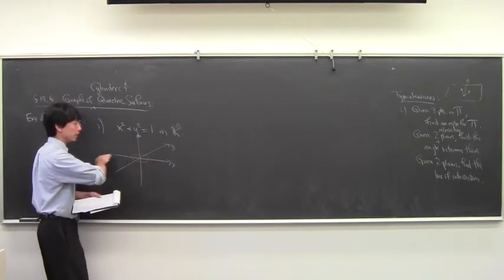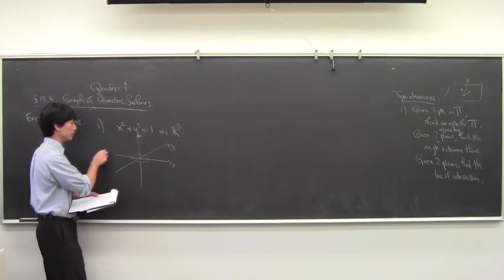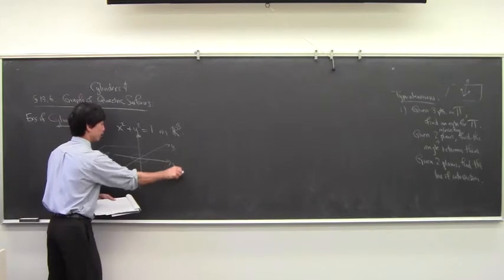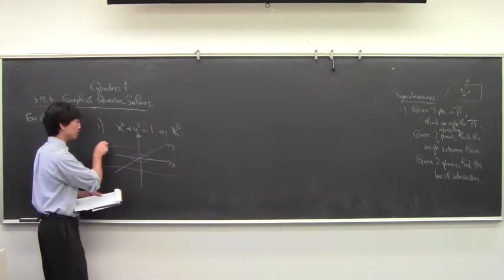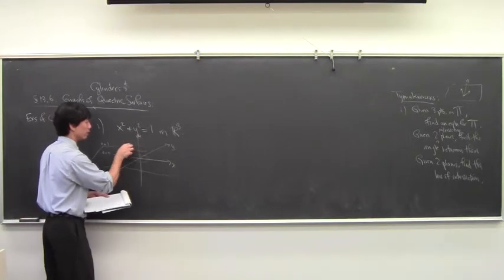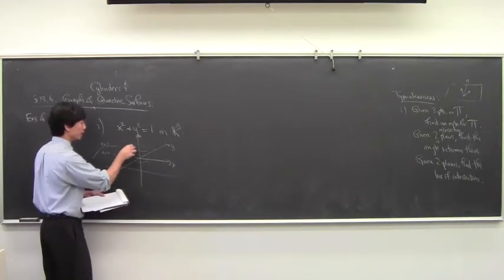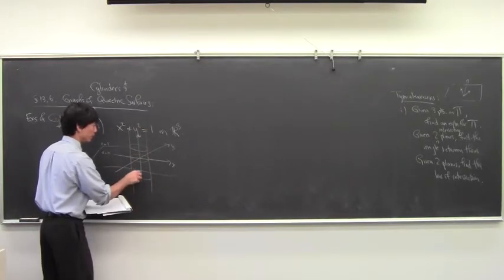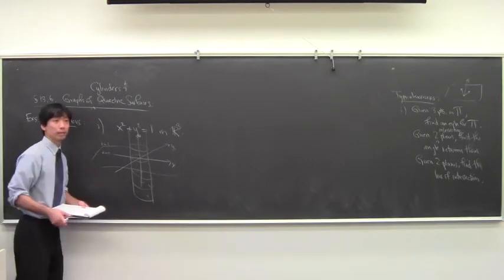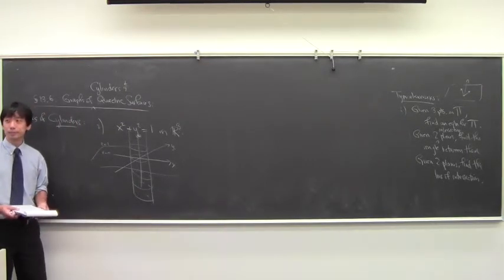When I slice this object at height z equals 0, what I get is this circle. When I slice it at any height, z equals 1, I see that I get a circle, right? So this object is a tube, a circular tube, what's called a cylinder.